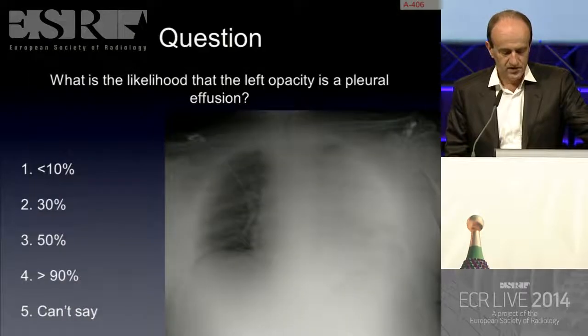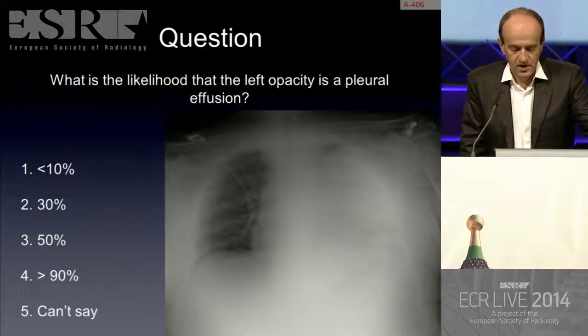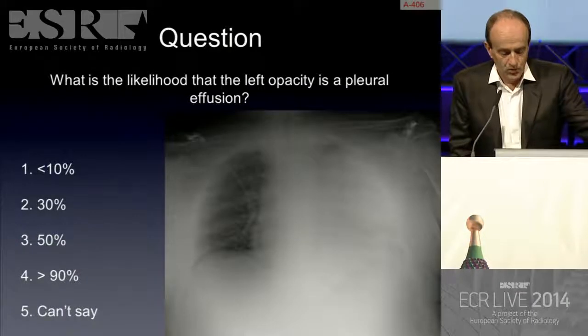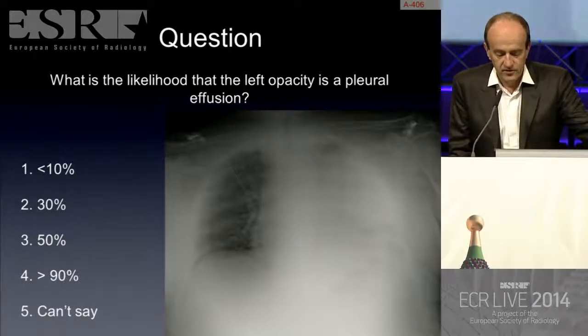And we go immediately to the question. Up to you. What is the likelihood that this large left opacity is due to a large pleural effusion. Less than 10%, 30%, 50%, more than 90%, or you can't say. Please vote now.